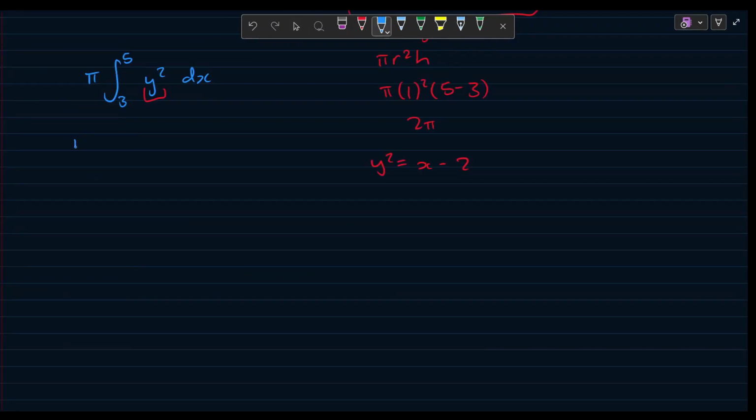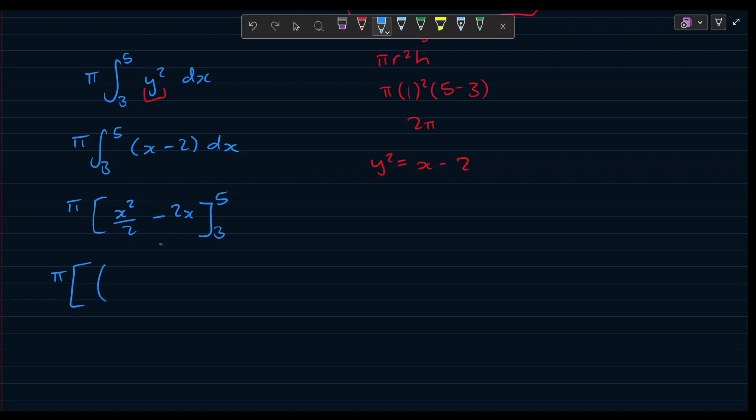So that's pi, the integral from 3 to 5 of x minus 2 with respect to x. So that becomes pi. Integrate x, you get x squared over 2, minus integrate 2, you get 2x, and this is from 3 to 5. Alright, so pi, let's start by substituting in our upper limit.